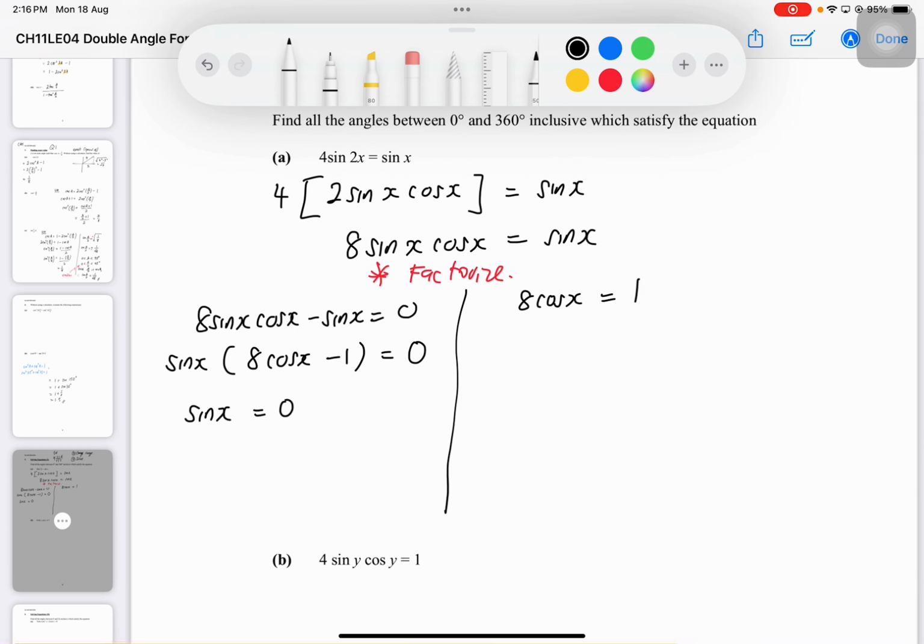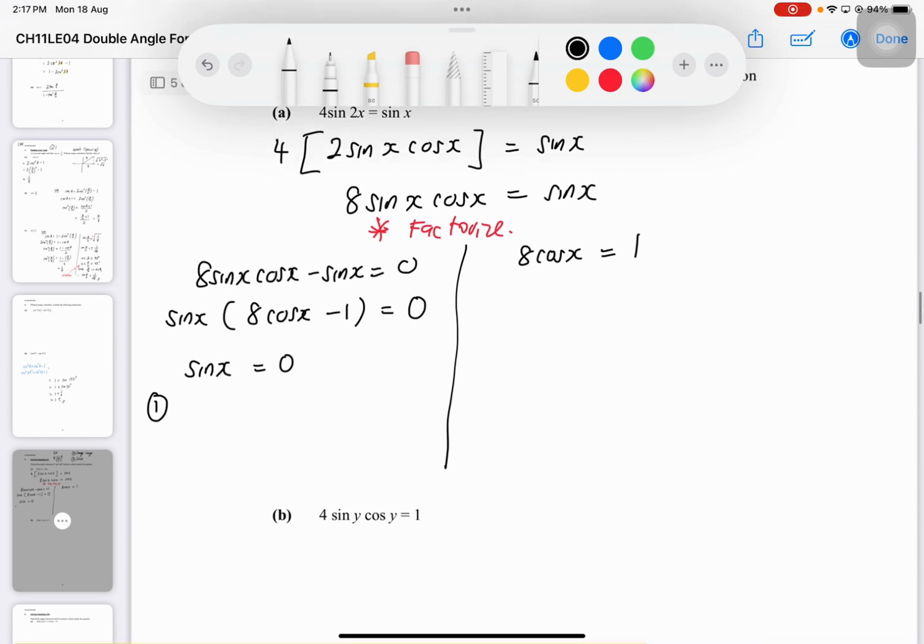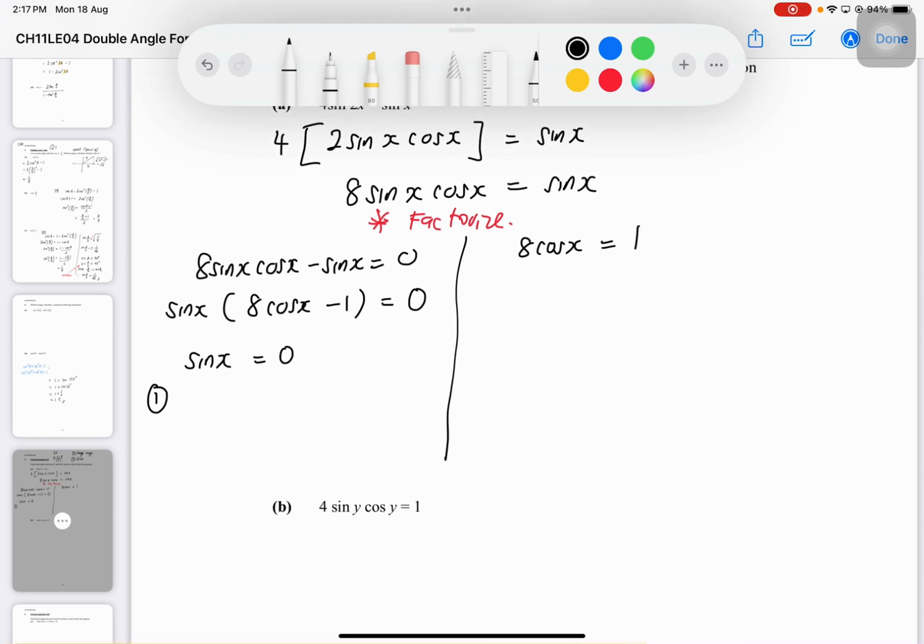Okay, I will get you started on the first one. Sine x equals to 0. First step, find alpha. Sine inverse 0 degrees, you get 0. ASTC, which quadrant? 0, you see like a positive number.